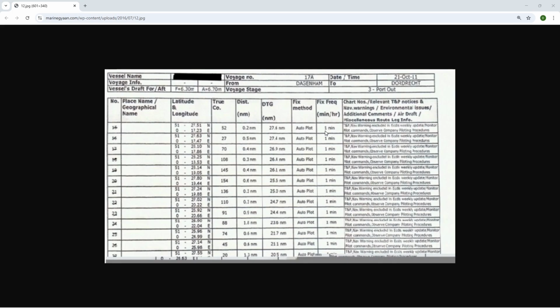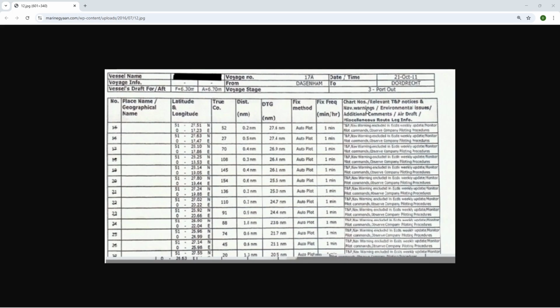Then at what frequency you have to fix the position. This is a good example that this information is not so good, right? Whoever completed this course card, it's not that good, because you can see it's basically a cut and paste job, right?